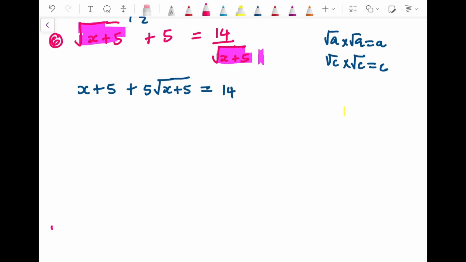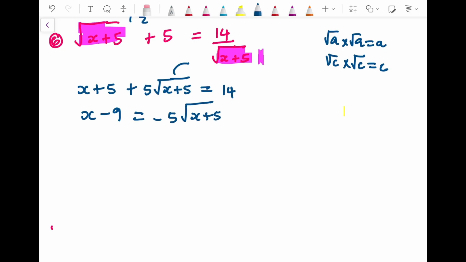So I am going to transpose 14. If I transpose 14, I'm taking 14 to my left. I'm going to have x minus 9 is equal to, and then transpose this, negative 5 root x plus 5.